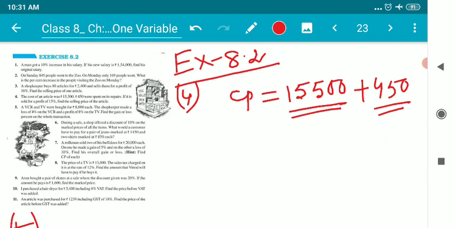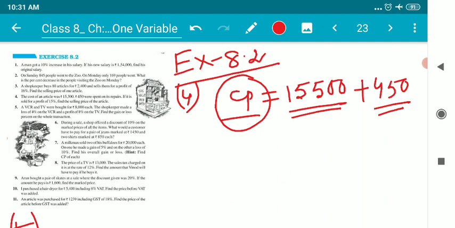Because cost price doesn't only mean the price at which you are buying something. It can also mean how much money you are investing, how much money you are taking out of your pocket in total. That is also called cost price.